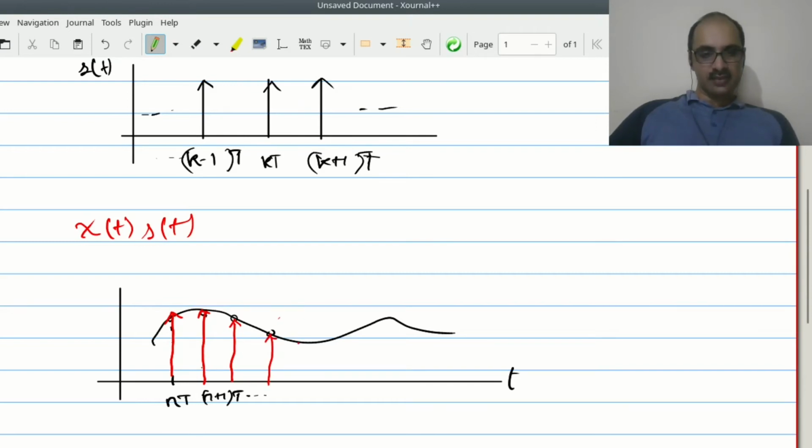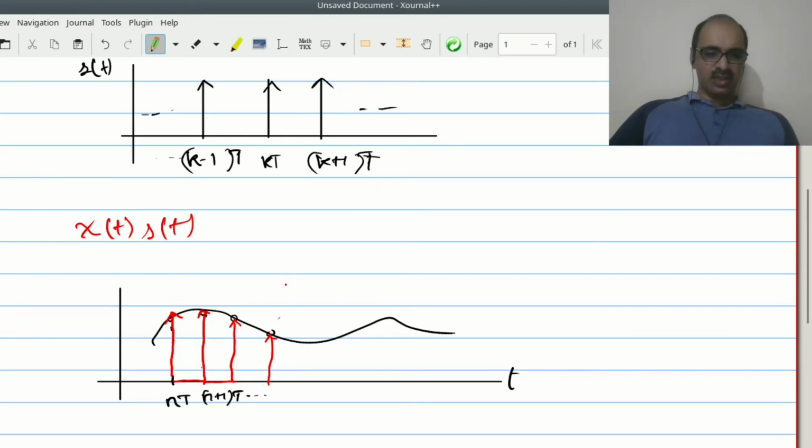So it's a sequence of impulses at every integer multiple of T, and the weight of those impulses is exactly x of t at those particular points. In between, it is 0.